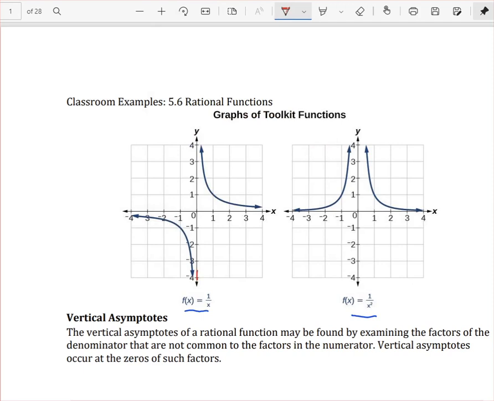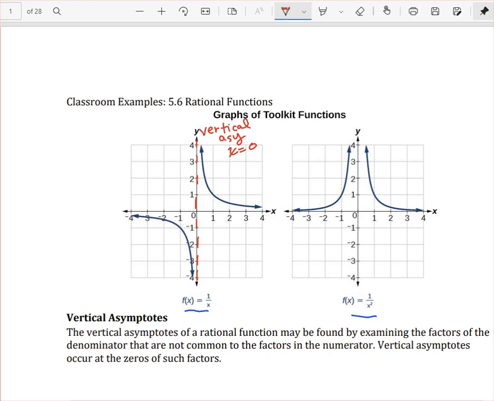This graph, for example, has a vertical asymptote at x equals 0. What asymptotes do is the graph gets very, very close to that line, but it never crosses it and it never touches it.